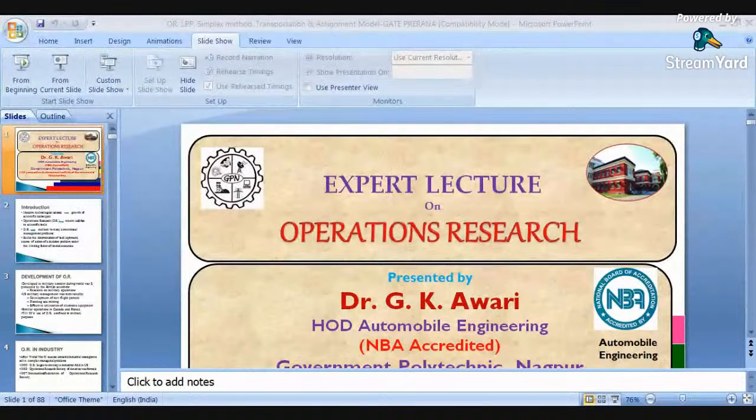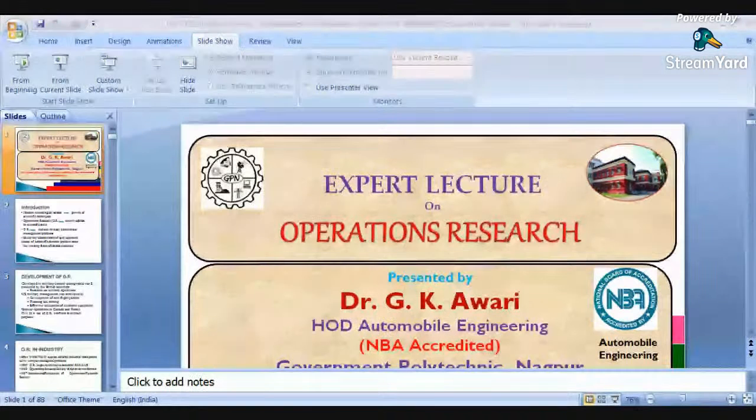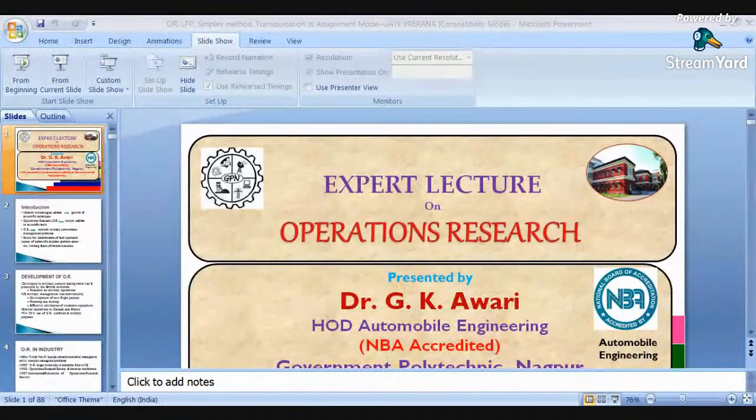So when we develop the model, it may be of maximization or it may be of minimization. For example, if we are dealing with a transportation model, the cost is associated with the transportation of the material from one place to another place. In this case, our job is to minimize the total cost of transportation.